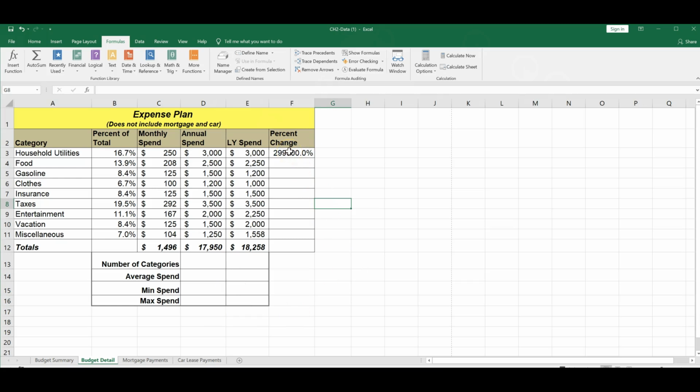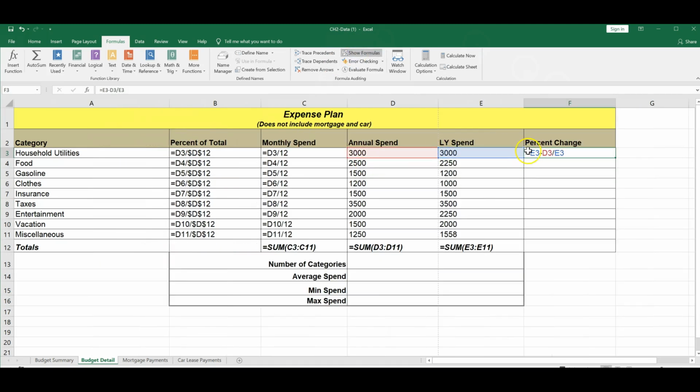So Excel did exactly what I told it to do, but what I really need to do, I'll show the formula, is I need that top part of my numerator to be E3 minus D3 first. I need to drive the subtraction first and then do the division.